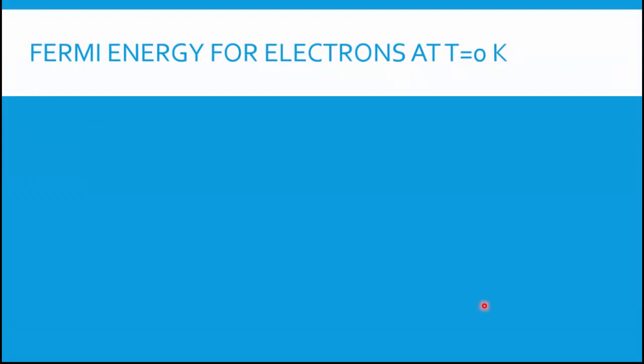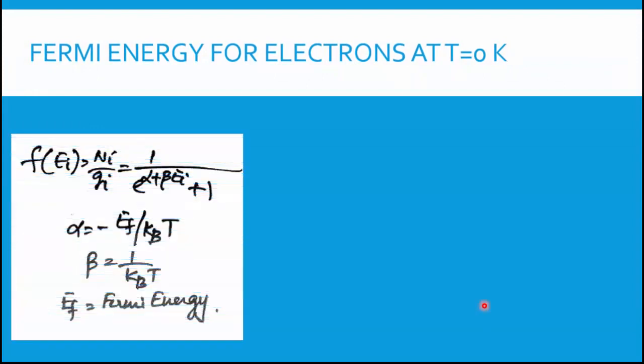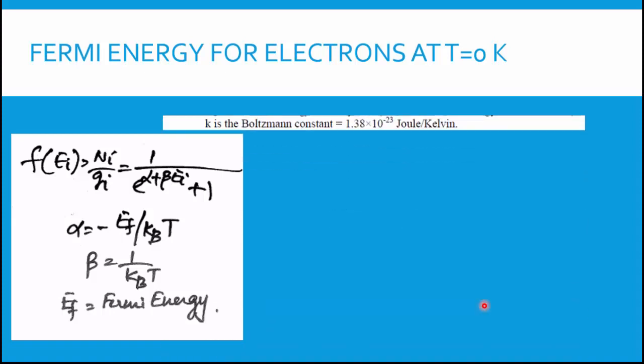Now, in the last lecture, we studied the distribution of electrons for a semiconductor at temperature equal to 0 Kelvin and temperature greater than 0 Kelvin. We used the Fermi distribution function to explain the probability curve for the semiconductor at T equal to 0 Kelvin and T greater than 0 Kelvin.